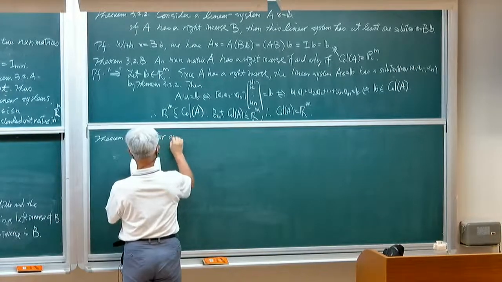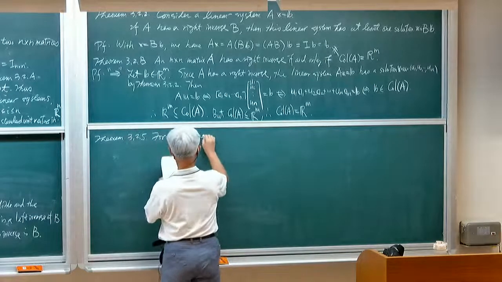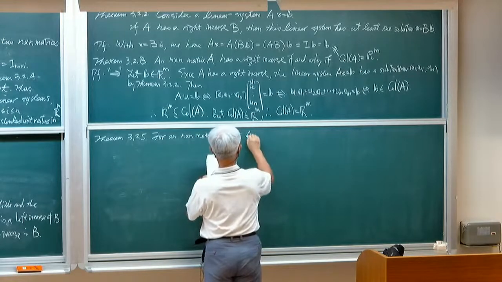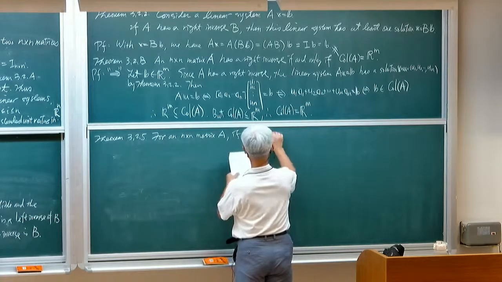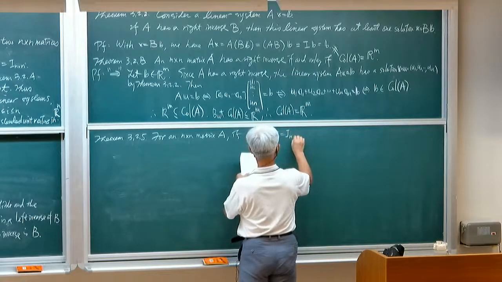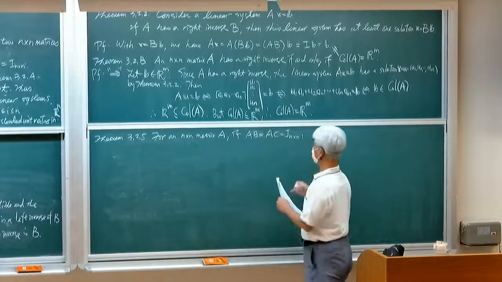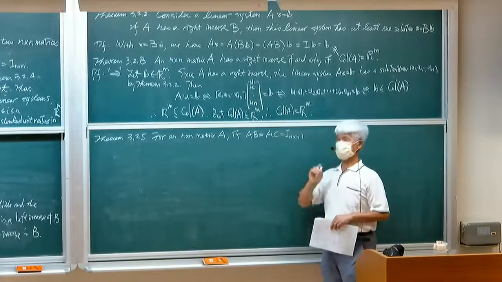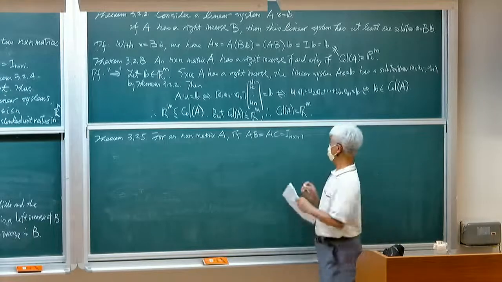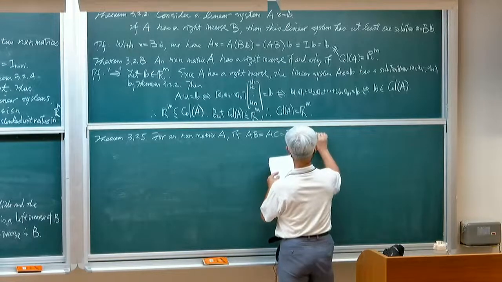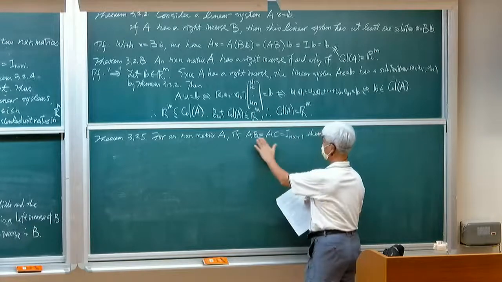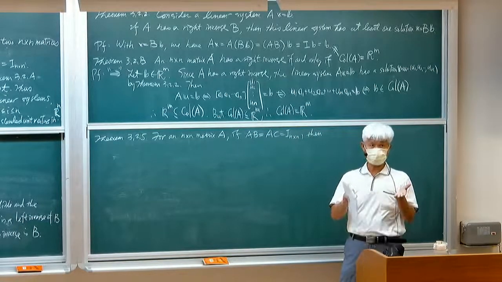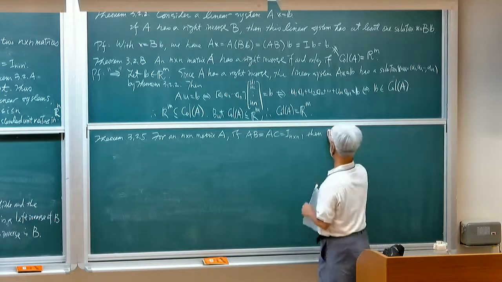For an n times n matrix A, if AB equal to AC equal to the identity, so if B and C are right inverses of A, then B and C are inverses of A. But the inverse is unique, so B must be equal to C.